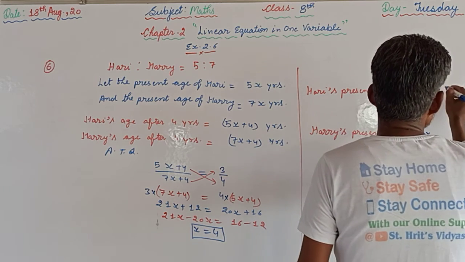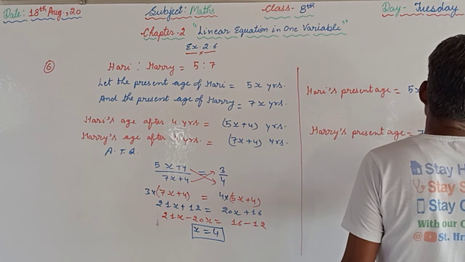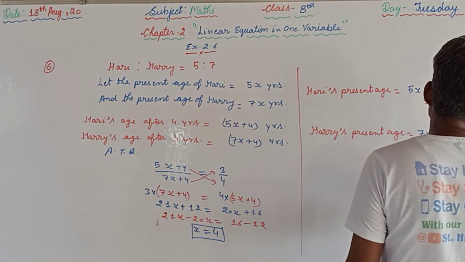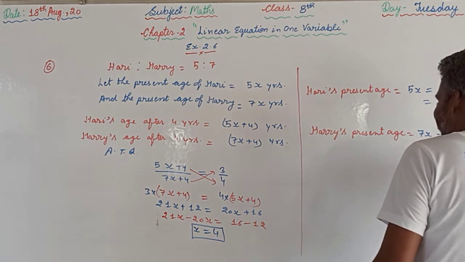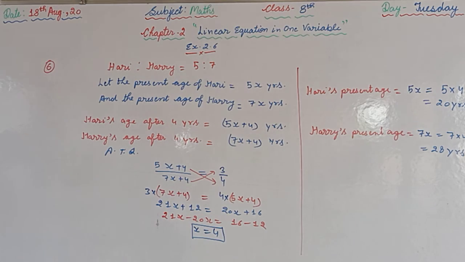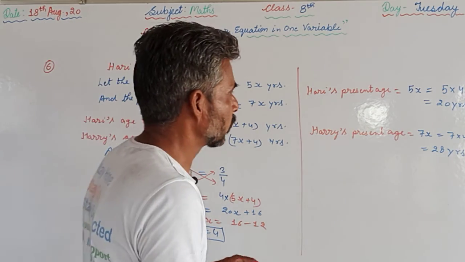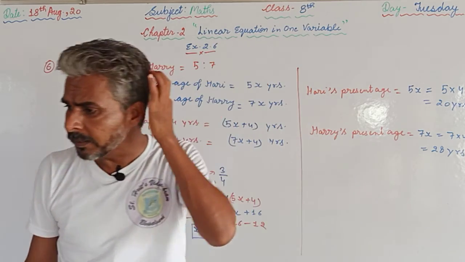The value of x we have already calculated, that is 4. 5 into 4, that is 20 years, and here 7 into 4, that is 28 years. So that is the answer. We got what we had to calculate in this question. We have to calculate the present ages of Hari and Harry. So the present age of Hari is 20 years and the present age of Harry is 28 years.